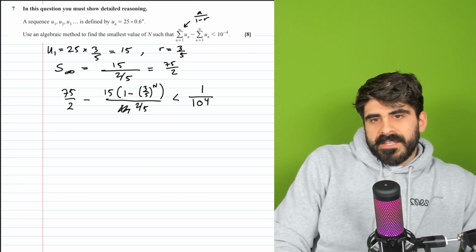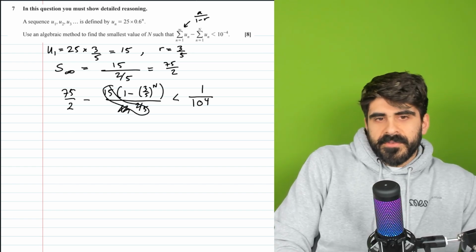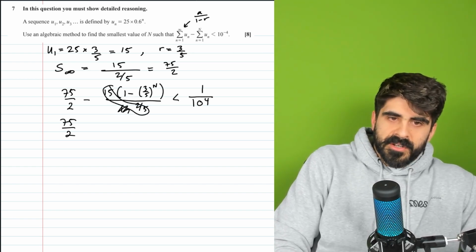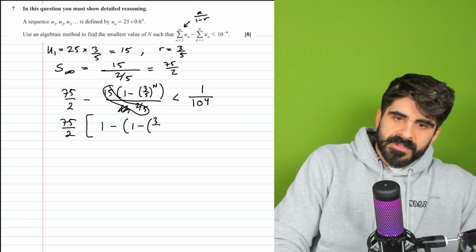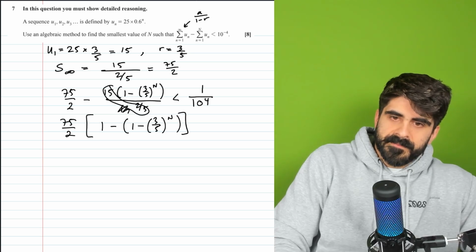So I can rewrite this. This here is 75 over 2. I could factorize that out and hope for the best. I would get 1 minus 3/5 to the power of n.